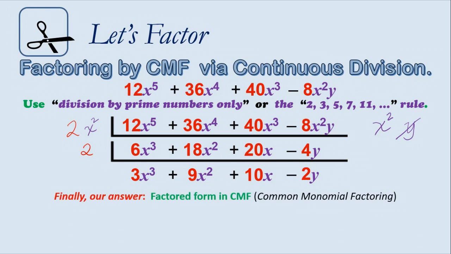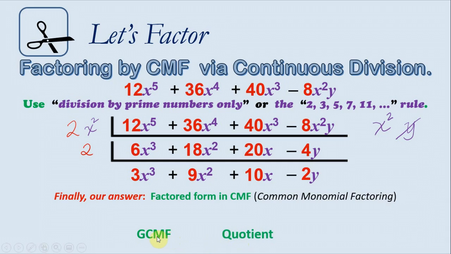Now, it's time to determine the factored form. Remember, in CMF factoring, we have to consider two factors. The first factor is the GCMF, or the greatest common monomial factor. The second factor is what we call the quotient.